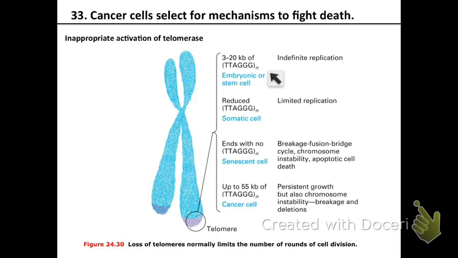So in a somatic cell, so that's not a germ cell, like our skin cells or muscle cells, etc., the number of replications that a cell can make is limited because every successive division causes a shorter and shorter telomere.